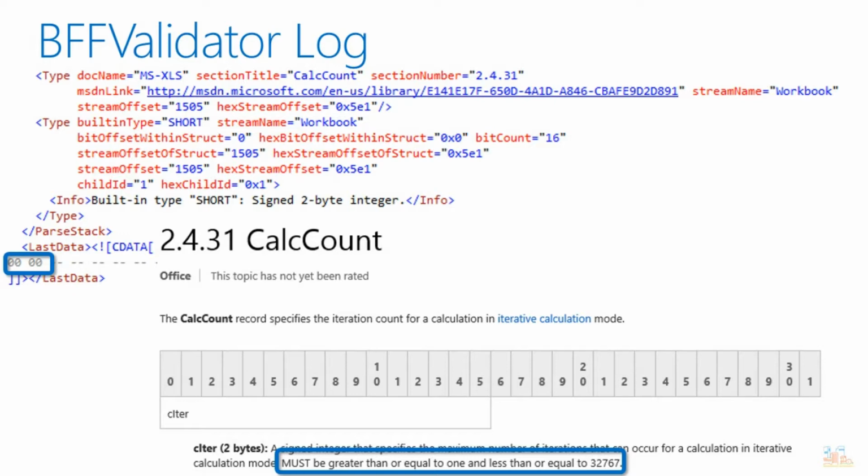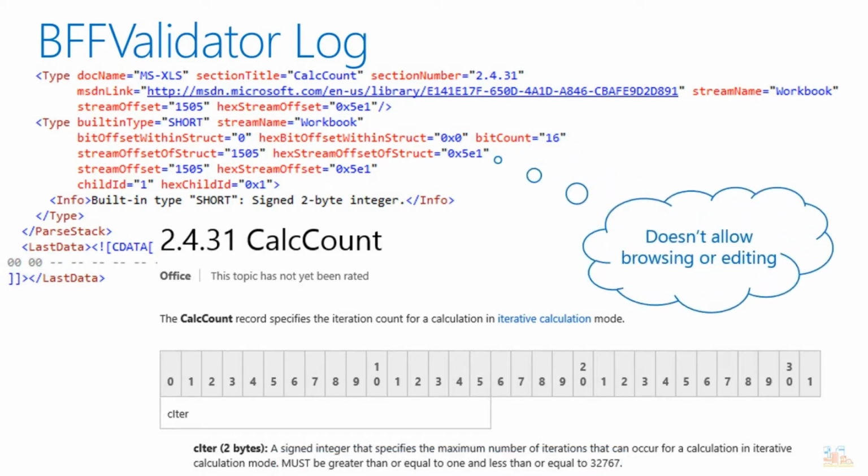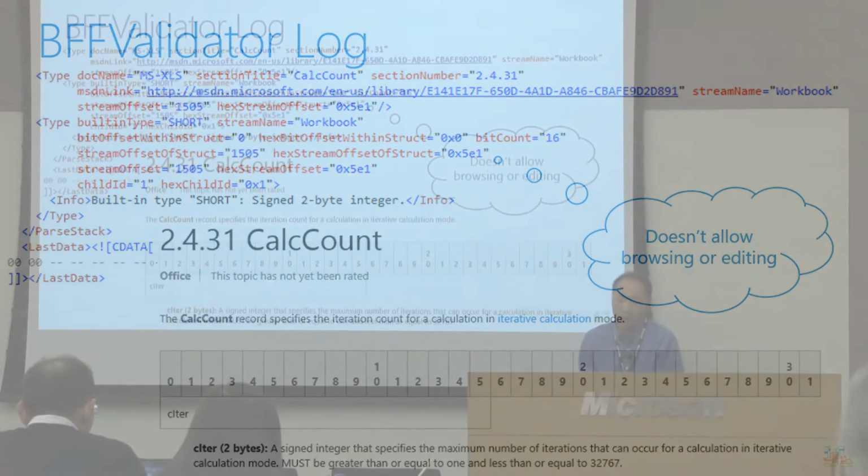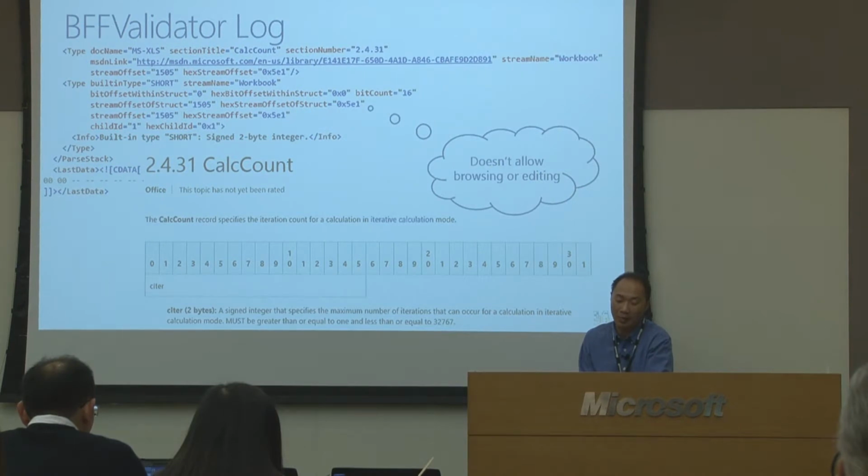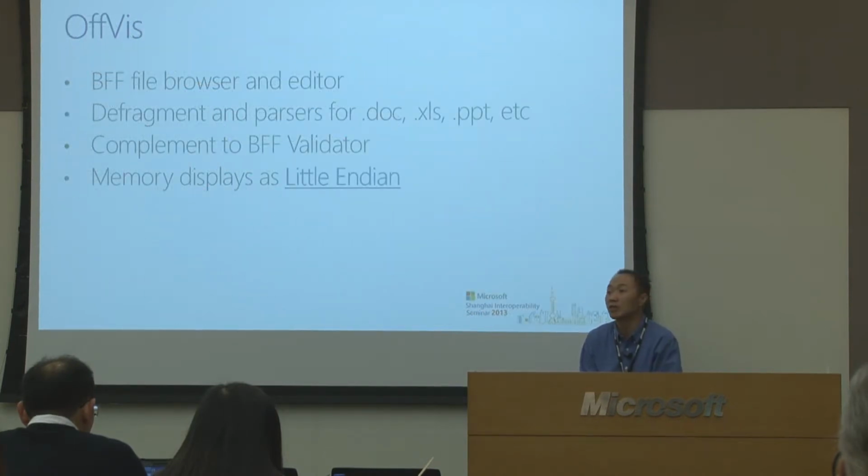So this tool is cool, but it tells you what the problem is and exactly where it is, but it doesn't let you edit or browse or try to fix the file. So that's why we provide another tool. It's called the Office Visualization tool, which allows you to actually edit and modify the file.